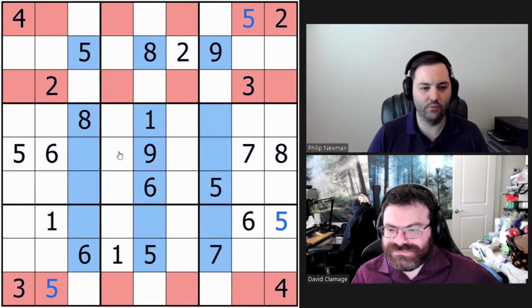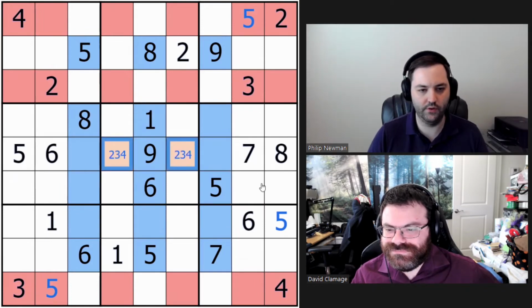Okay. So the more like an Exocet way, let's go back to our base cells. These are from 2, 3, 4 still. Whatever they are. So these cells can't be in these cells.